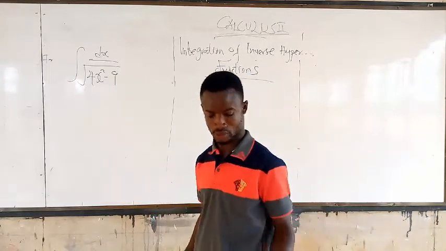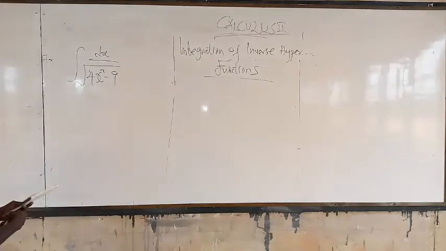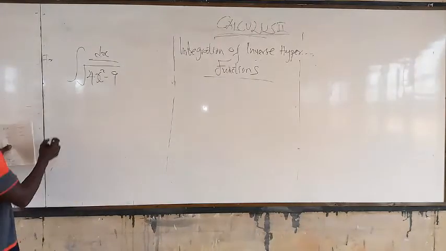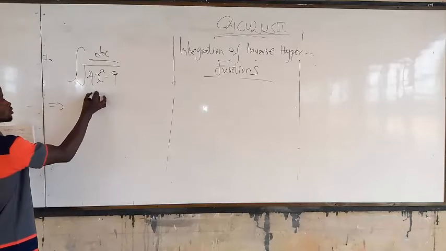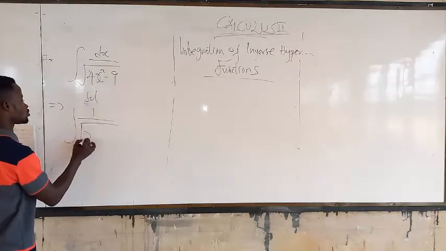Alright, let's continue. So, having this, let's start solving. Solution. This is the same as 1 over square root of s squared.